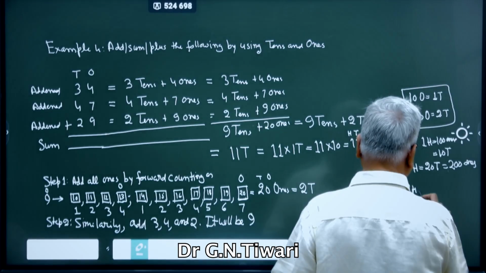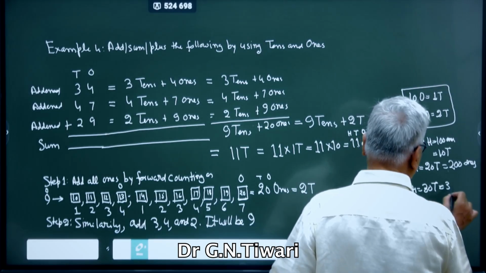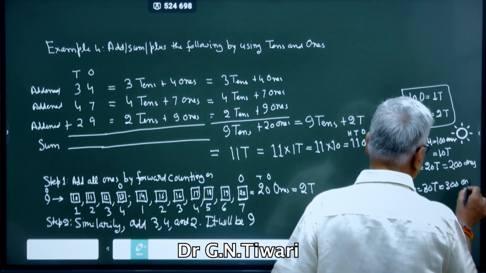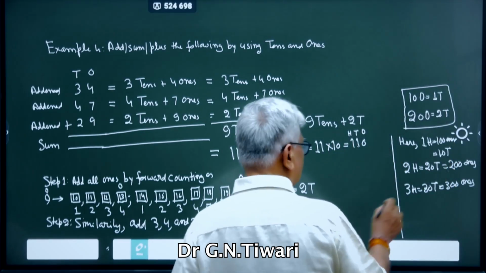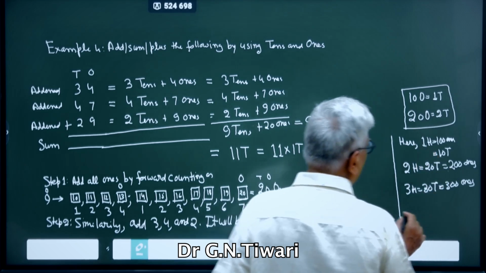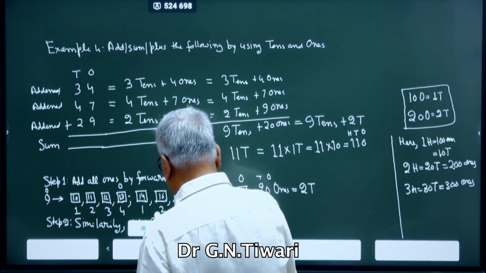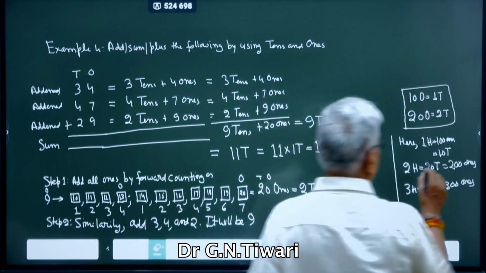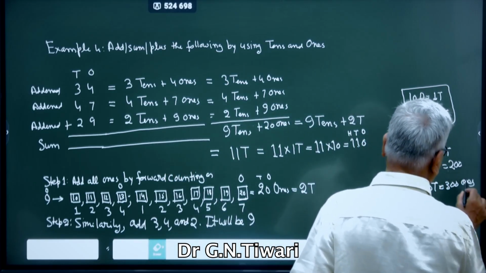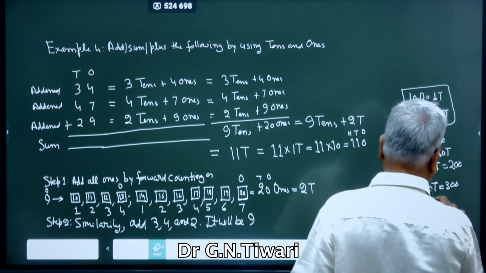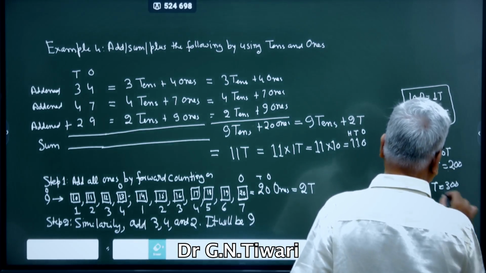3H, 30 tens is equal to 300 ones. Remember these things. And I will clearly write again. Some of these are not written properly, the rest is okay.